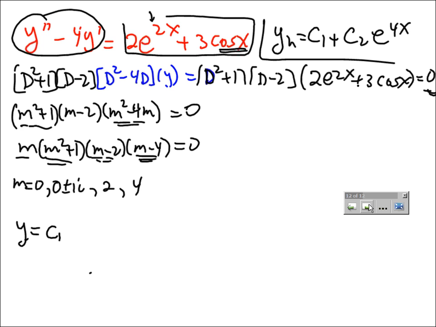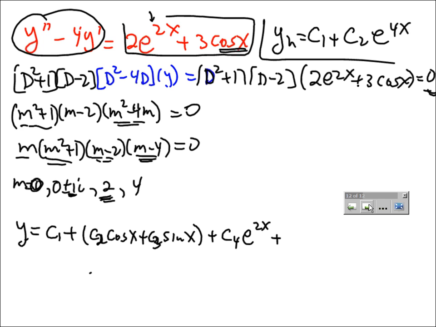It's going to be c1 e to the 0x, but c1 times e to the 0x is c1, plus e to the 0x, which is 1, times c2 cosine of 1x plus c3 sine of 1x, plus c4 e to the 2x plus c5 e to the 4x.